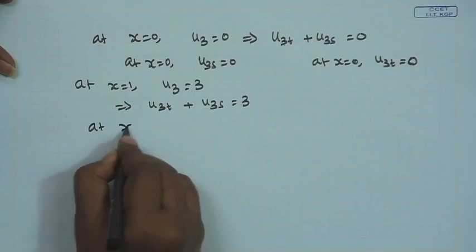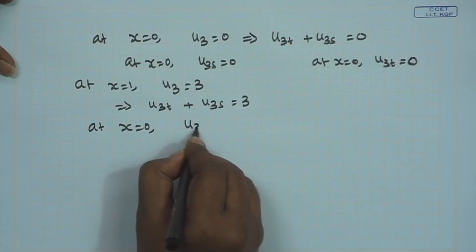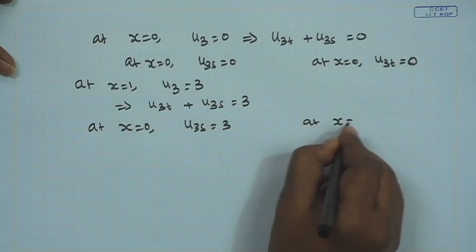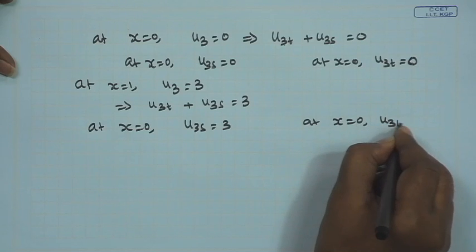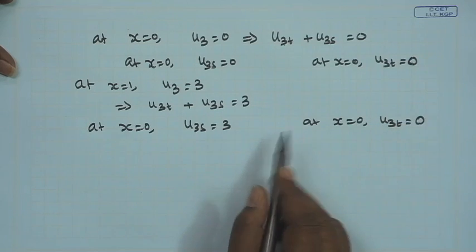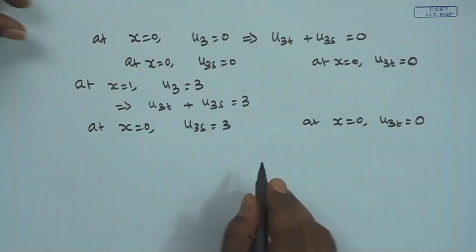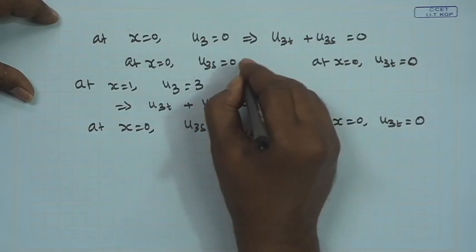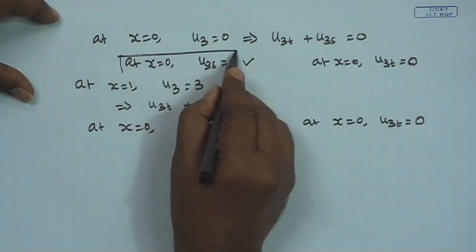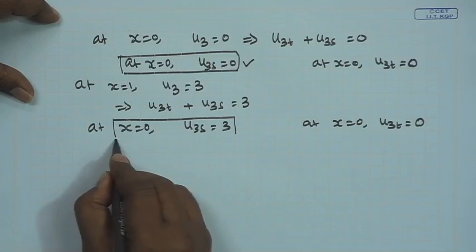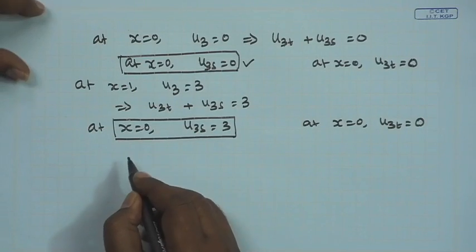So, if I do that, then I can write at x is equal to 1, my U3S equal to 3, and at x is equal to 1, my U3T is equal to 0. So, that satisfies the boundary condition of the original problem as well. So, these two boundary conditions will be good enough to solve the space varying part.